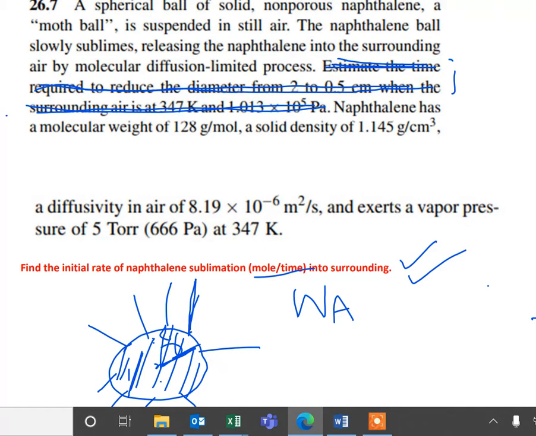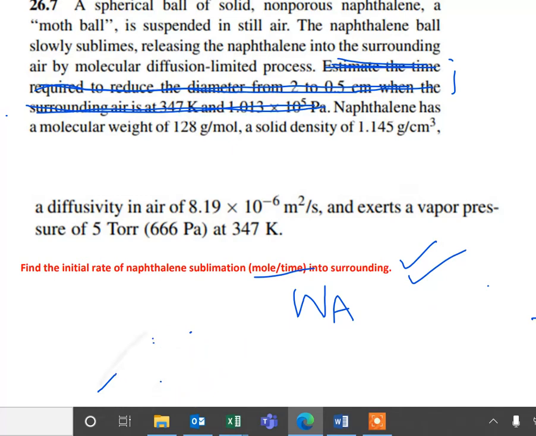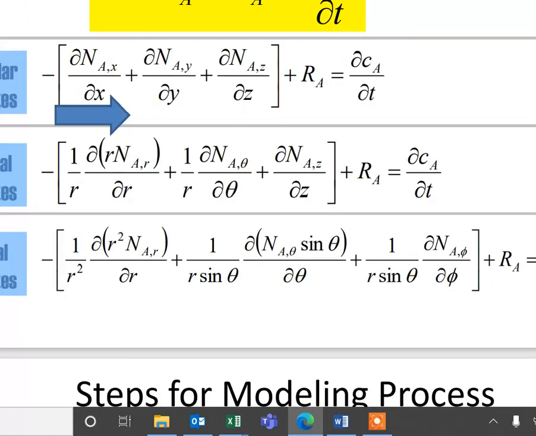So as you can see, this is spherical, so we have to see the differential equation for spherical coordinate, isn't it? So if you go back to your slides, you can see here spherical coordinate.